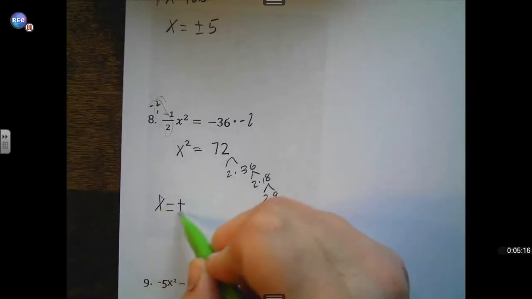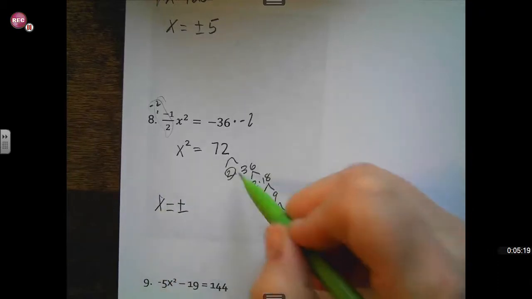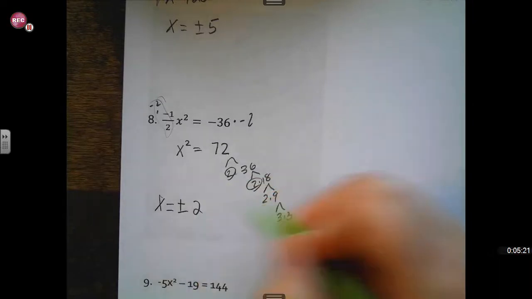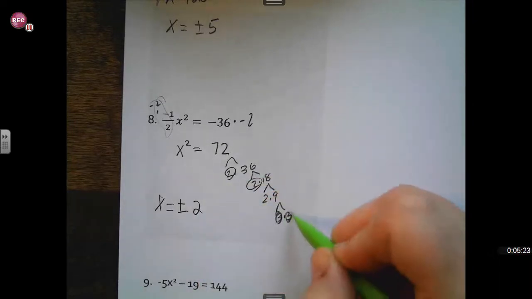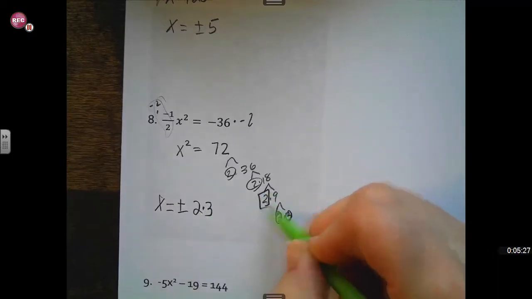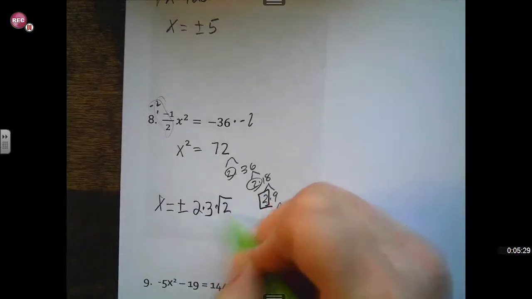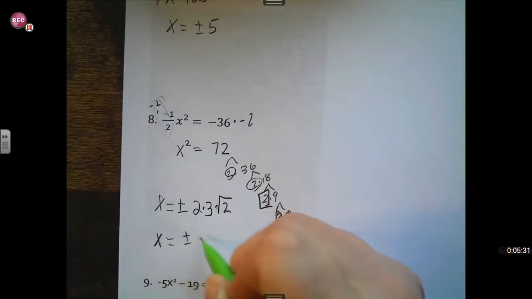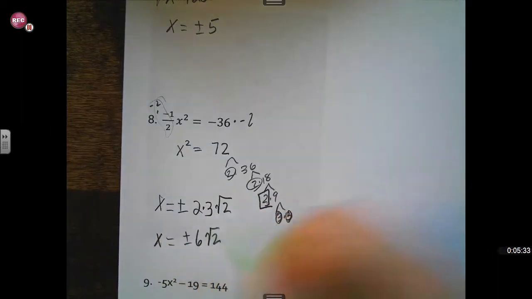So x is plus or minus. A 2 can come out and a 2 can disappear. A 3 can come out, a 3 can disappear, and I have a 2 left. So my answer is plus or minus 6 square root 2.